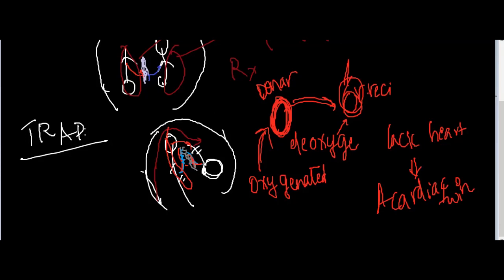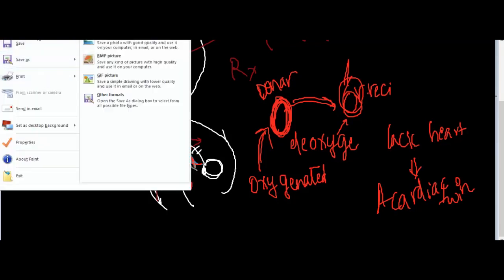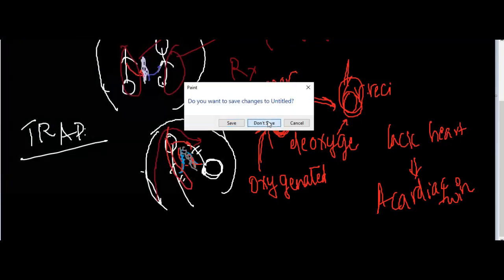And the final complication which you have to see in this lecture is conjoined twins. Conjoined twins is incomplete division of the embryo that takes place between 13 to 15 days after fertilization.